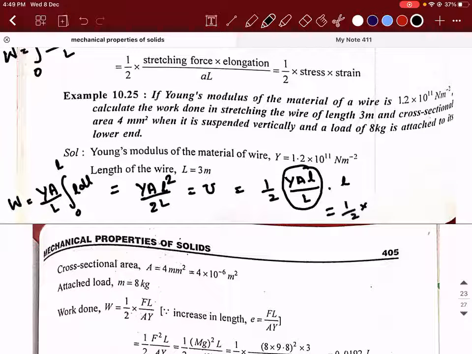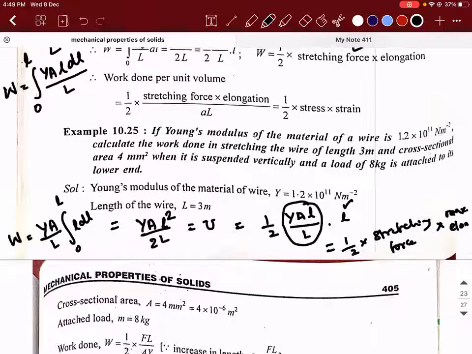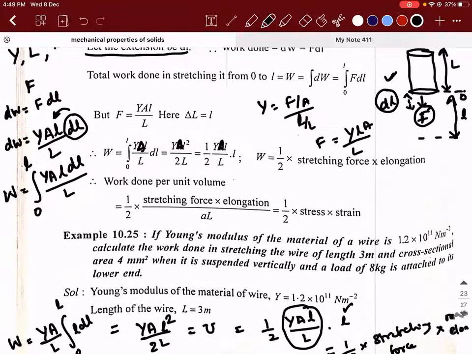So can I write it as half into stretching force into what is this small l? Maximum elongation. Right. Did everyone copy this? Any doubt in any of these steps?